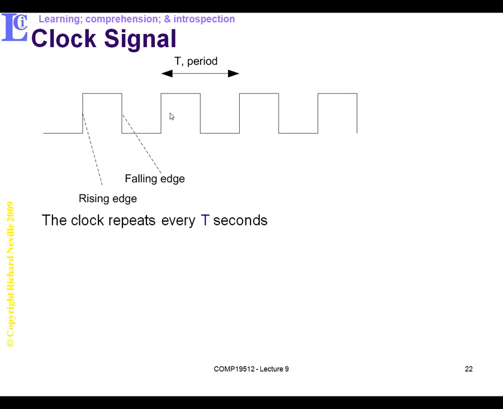And the important thing here is the clock itself repeats every T seconds, and it's cyclic. So the important equation that you need to know is you can work out, given this clock period, the frequency of the clock. And if you know the frequency, 1 over f gives you the period. So f, the frequency of this signal, is 1 over T, the period.